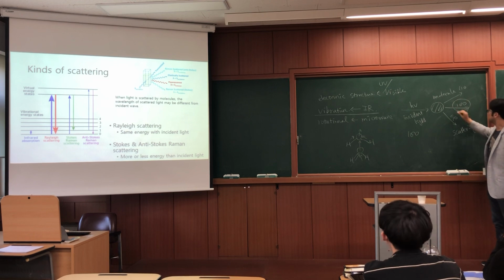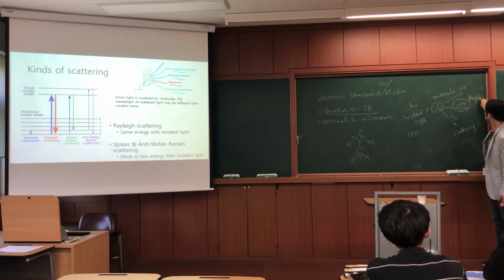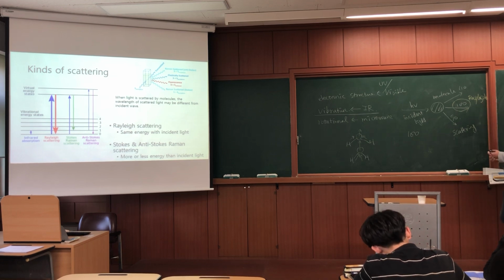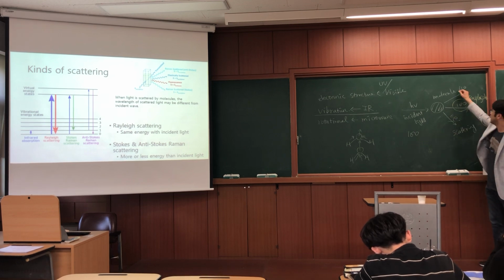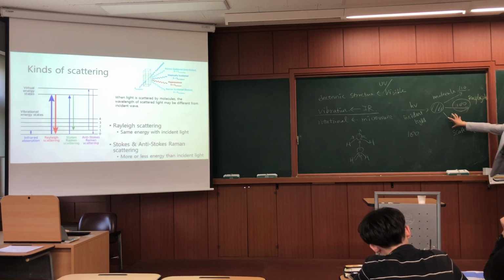This kind of scattering is called Rayleigh scattering. It is not something special, but Raman scattering is more special because it changes its energy level, and it is much weaker, so it is a little harder to detect.